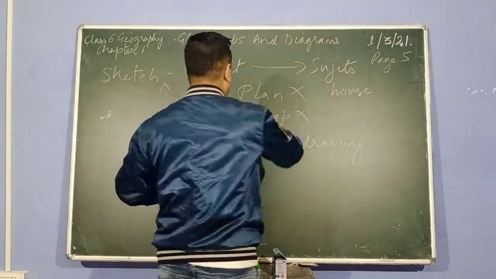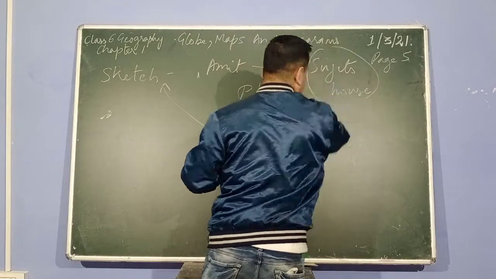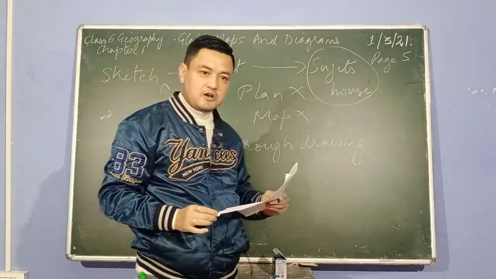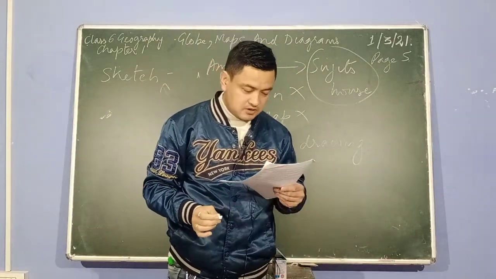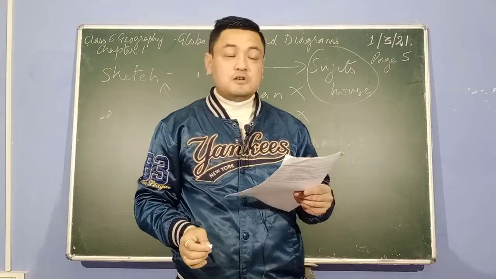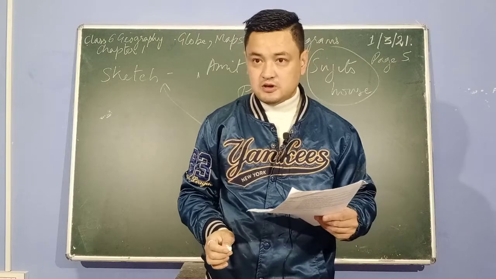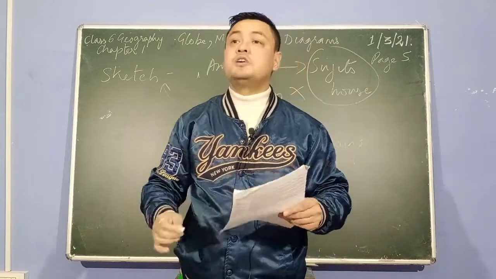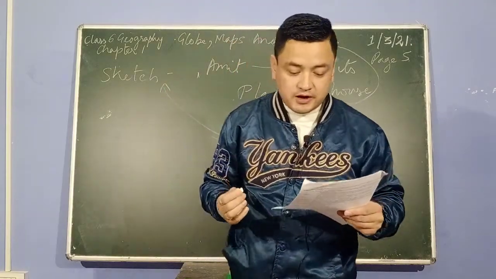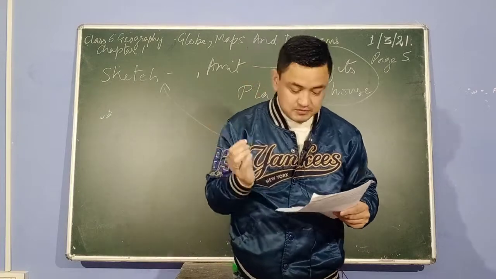But Amit does not know the way of Sujit's house. How to reach Sujit's house? So, Sujit has to help his friend Amit in order to find his house. Sujit will make a rough drawing to show Amit how to reach his house.